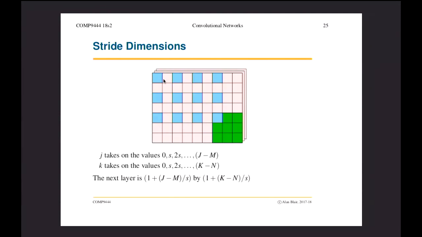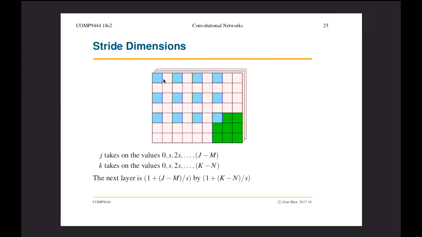So here the original image again is 6 by 7, but the array of neurons that we get in the next layer is only 3 by 4. So this is another way of shrinking the array as we move through the network. And AlexNet actually used a stride of 2.